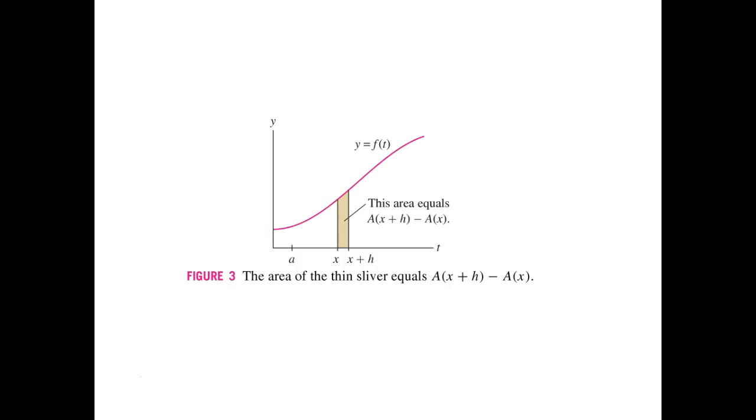Well, that looks like the top part of the derivative, doesn't it? f of x plus h minus f of x over h. Sure enough, that's what we did when we were taking the derivative, and here we are doing integration. One undoes the other. Okay? So, that's part of the proof. We're not going to do the proof.